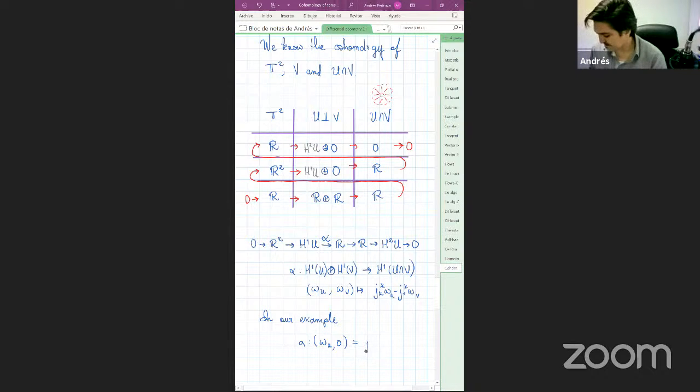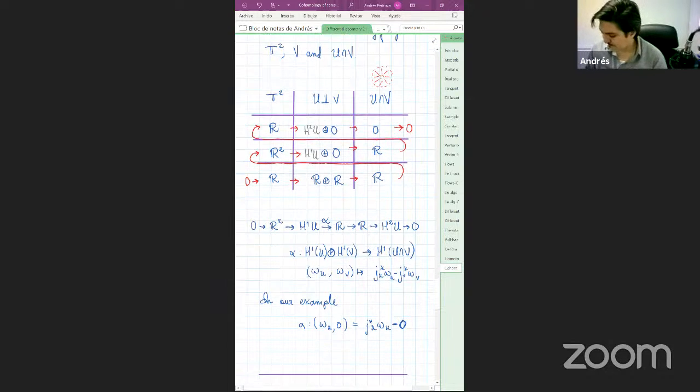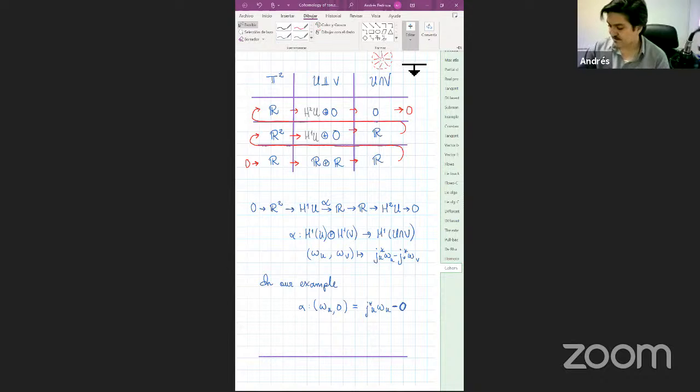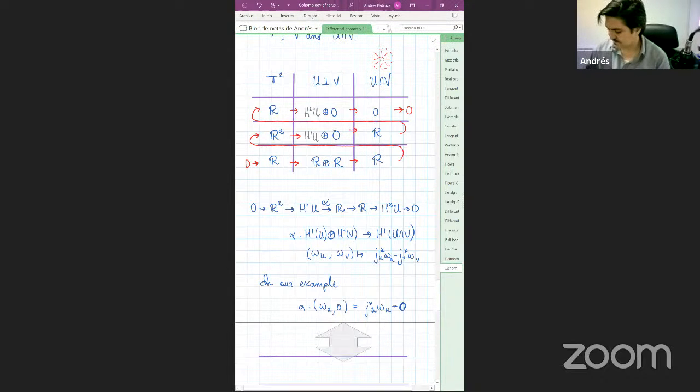And it is just restriction. Okay? And then using the proposition, we have that the linear map alpha is 0.